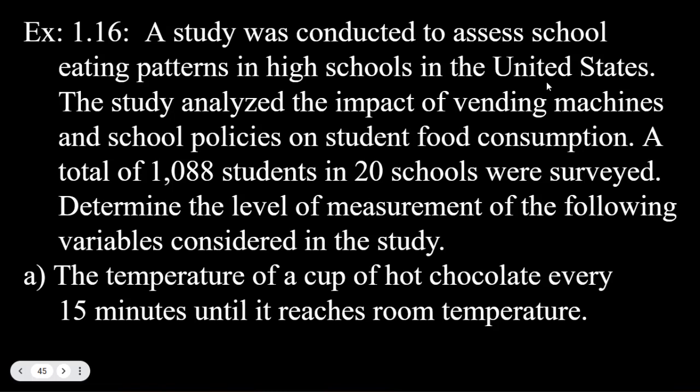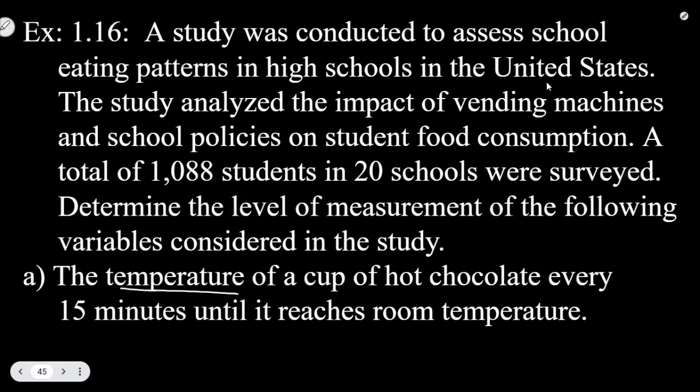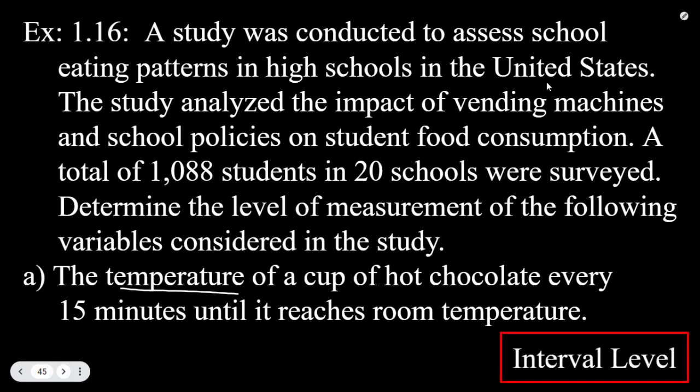Well, we can see it's numbers, and we can see that subtraction makes sense. It went down 10 degrees and down further and further. That's subtraction. But as I mentioned, a temperature of zero does not mean the absence of heat. So, and again, I gave it away when we were talking about it, but this is going to be the interval level of measurement for this first one.